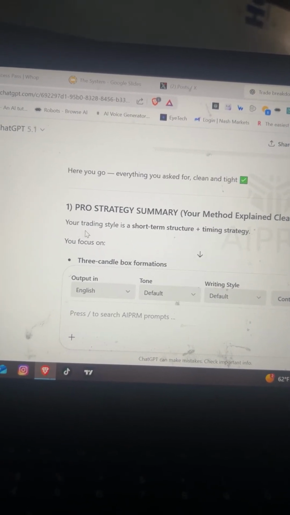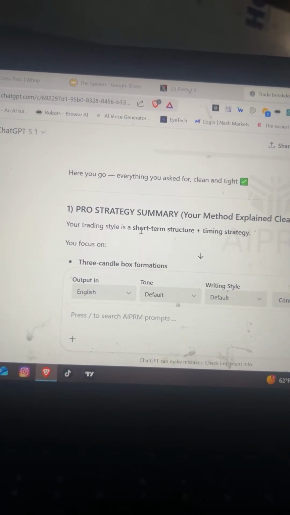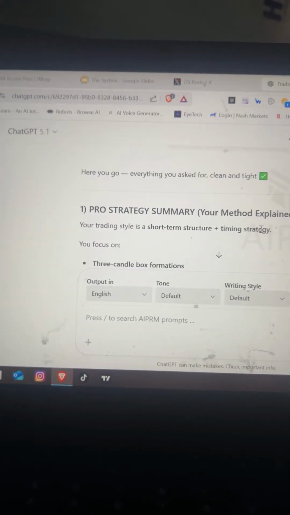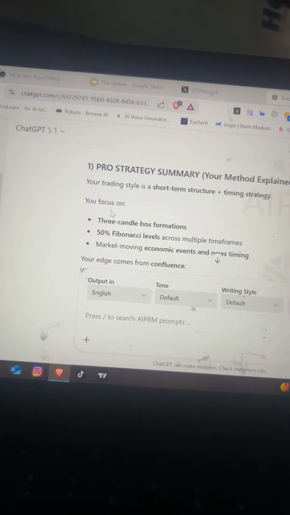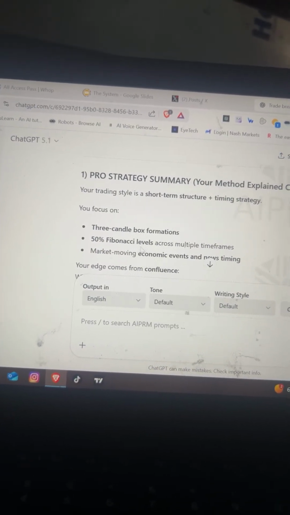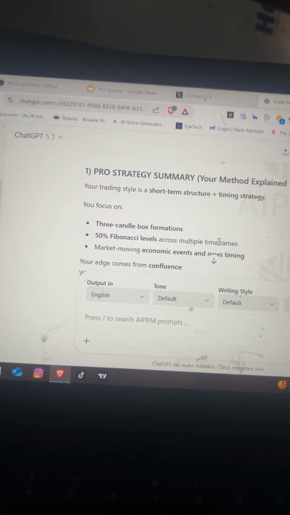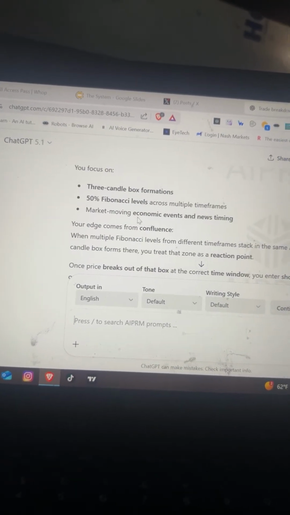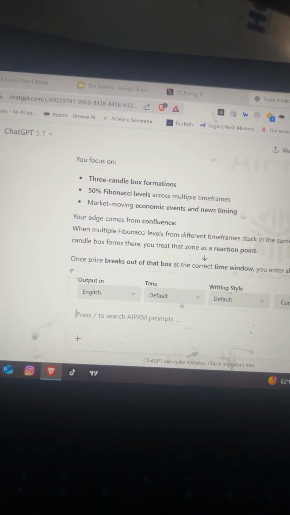So my strategy is a short term structure plus timing strategy. What I focus on is three candle box formation, the 50 Fibonacci levels across multiple time frames, market movement, economy events, and news timing. That's pretty much it. Your edge comes from confluence.